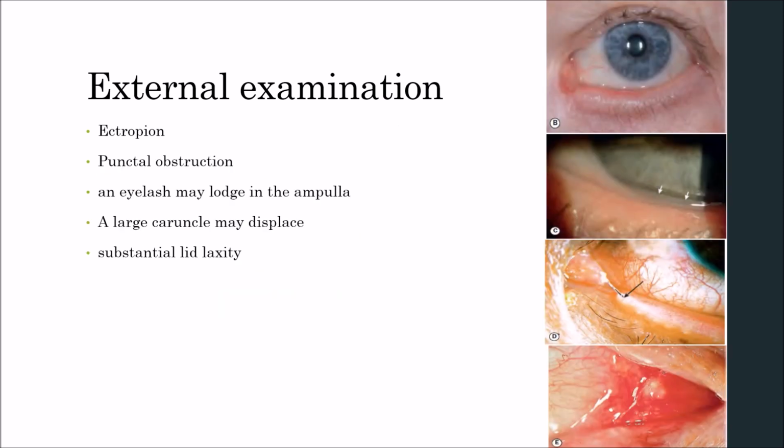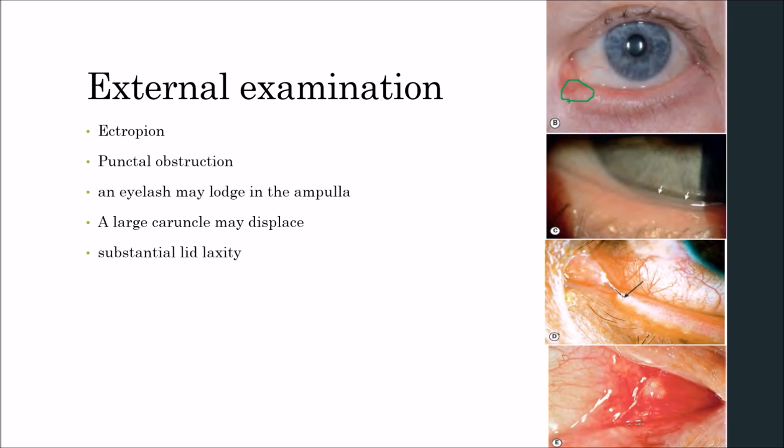Now, ectropion, either localized to the punctal region or involving the wider lid, is often associated with secondary stenosis, as seen in the first picture. As you can see, there is a mild medial ectropion here in this region, and the punctum is also everted, resulting in watering.